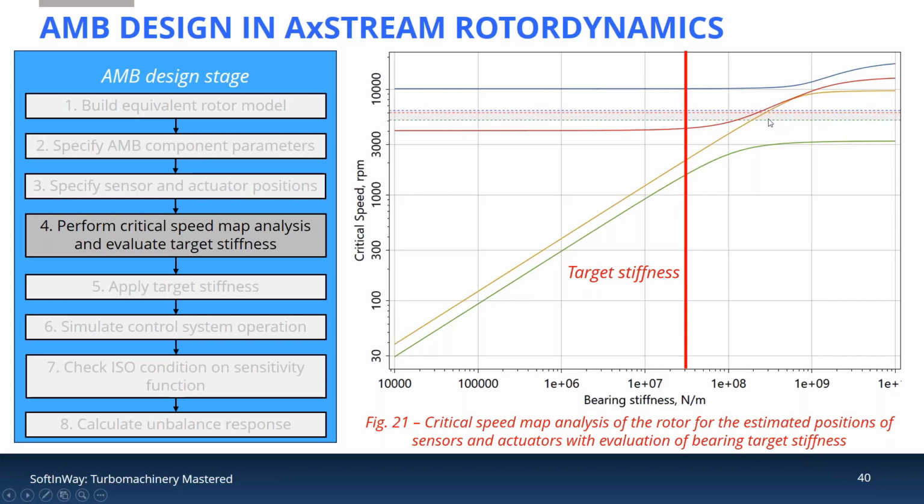If our stiffness is somewhere here, we are in resonance, because the dependence on bearing stiffness will intersect our lines showing critical speeds within the operational speed range.